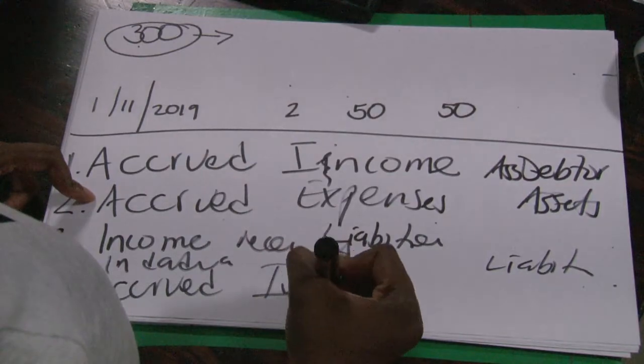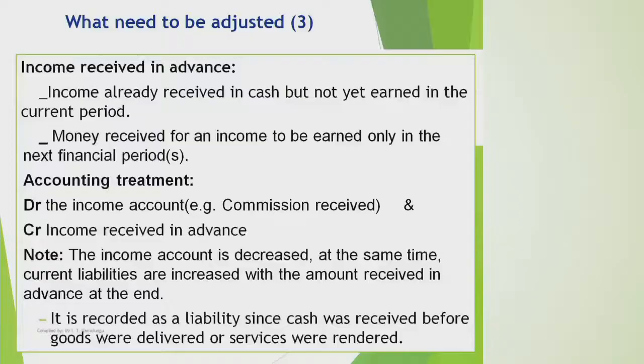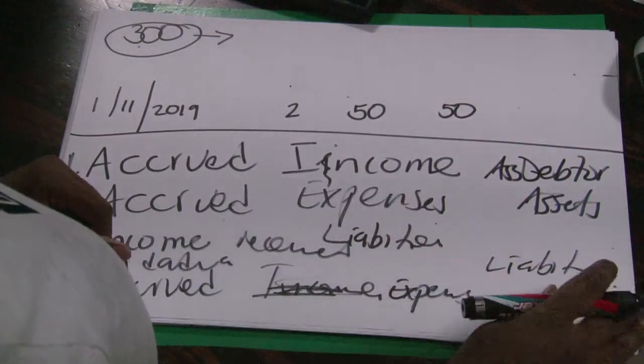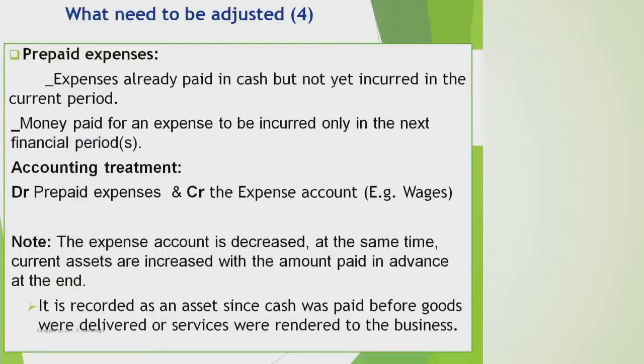Accrued income, this is when your business, no, not accrued income, but accrued expense. Accrued expenses, to me, this is an asset. Why? Because it's recorded as an asset since cash was paid before goods were delivered or services were rendered.